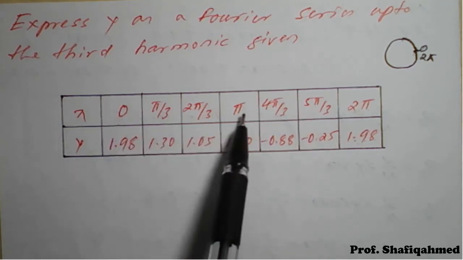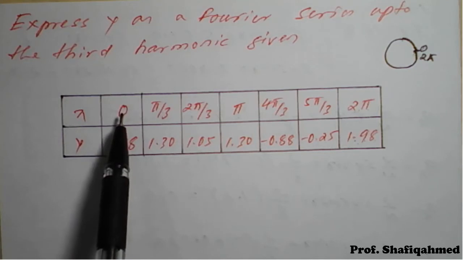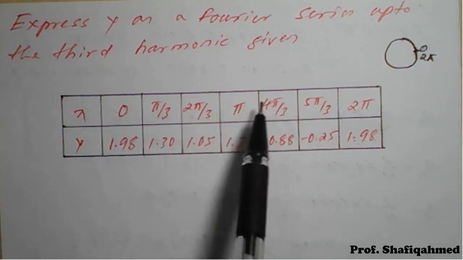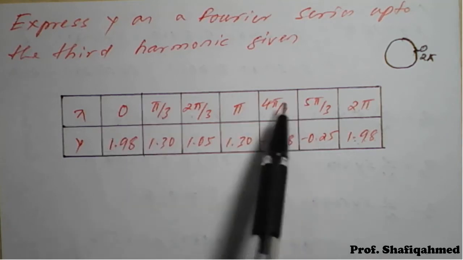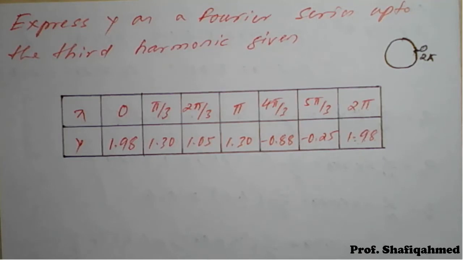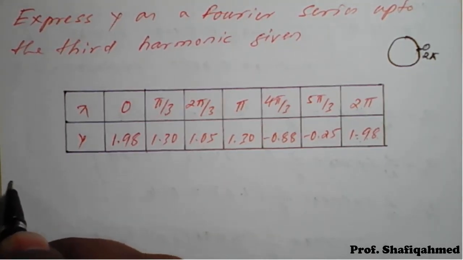These radian values are converted into degrees so that it will be easy. The value of n, counting first to last but one, is 1, 2, 3, 4, 5, 6, so capital N will be 6, and we are omitting the last one. Remember, this is very important. Therefore, while preparing the table, we will keep that in mind.